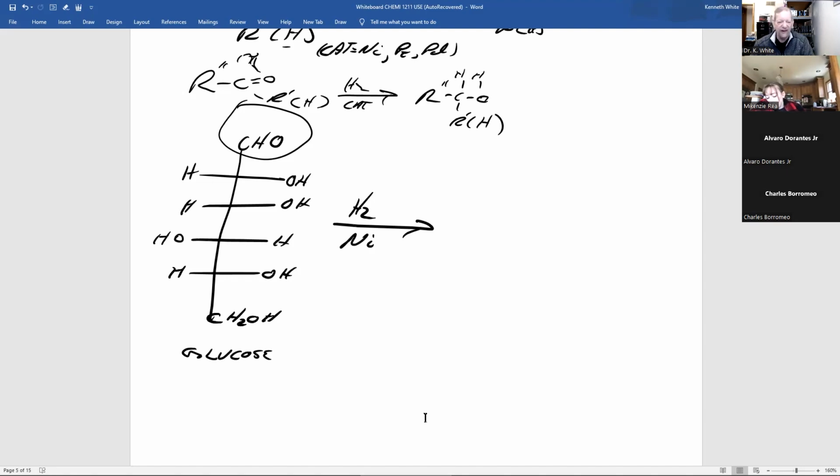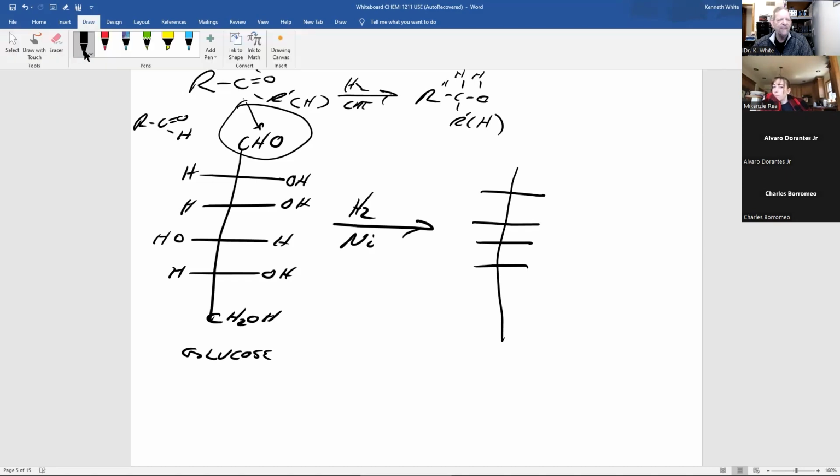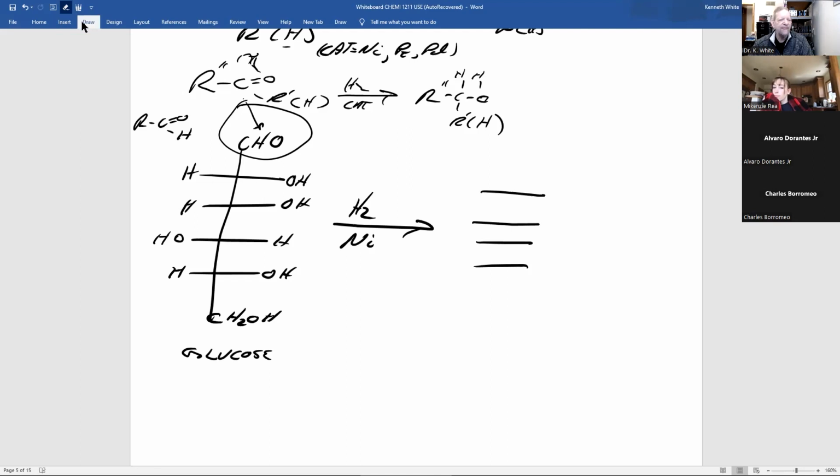Well, guess what? Here's my aldehyde, and it's really this. So what's not involved in the chemical reaction, I will rewrite because it's not going to change.